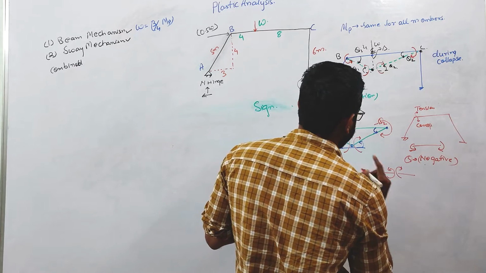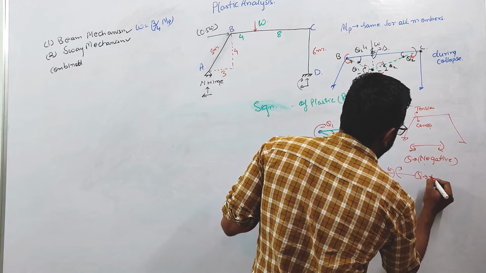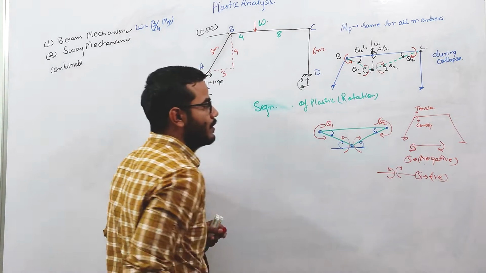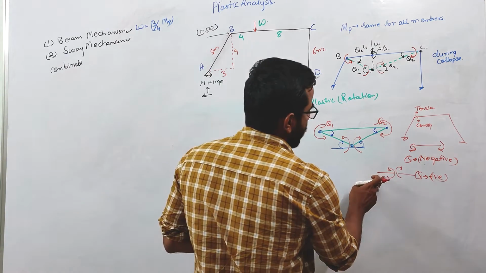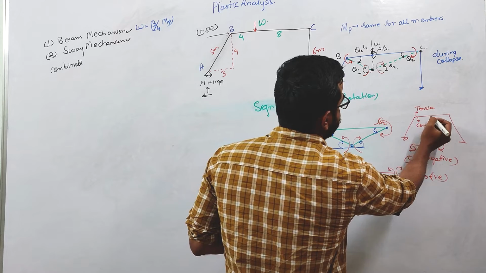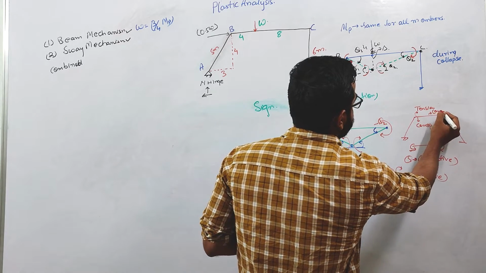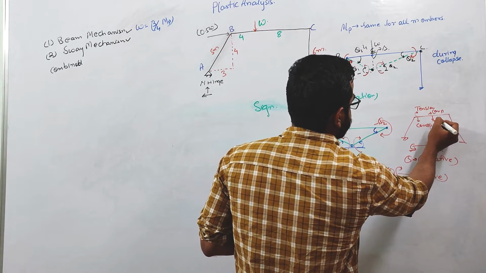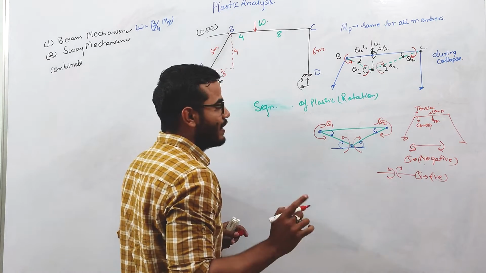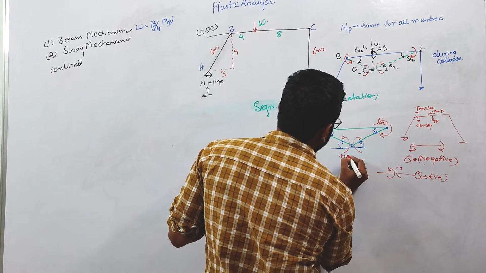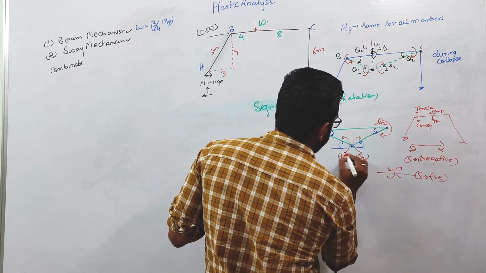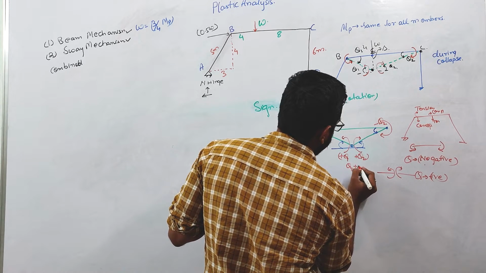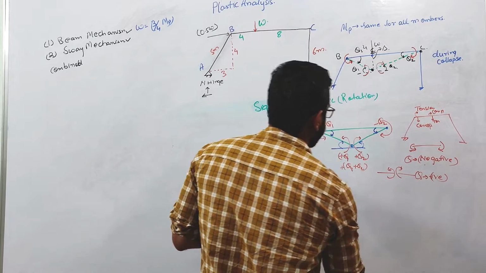So that theta we will consider positive. So this will be positive theta 1, this will be positive theta 2. So total theta will be theta 1 plus theta 2, right?